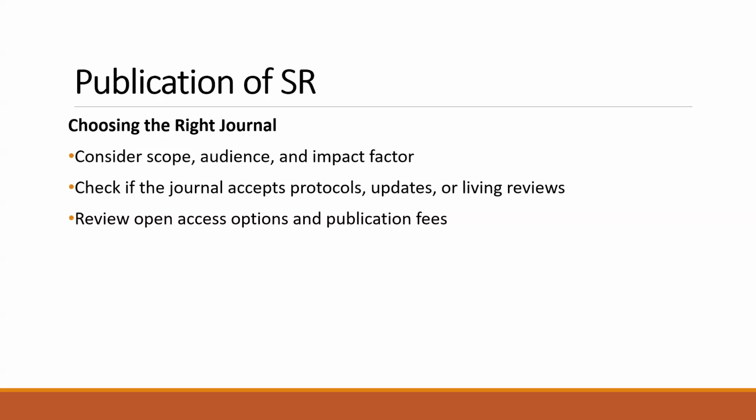We have a quartile system like Q1, Q2, Q3, Q4, and this quartile system is also important for the impact factor. Check if the journal accepts protocols, updates, or living reviews. Don't be in a hurry to publish. First check the journal guidelines, whether it accepts systematic reviews, or if you're going to publish systematic review protocols, because not all journals accept them.